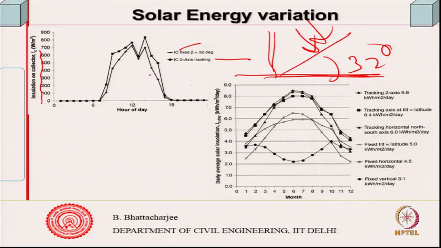Then, if it is fixed, the radiation received is somewhere here during the day, around 8 a.m. to 6 p.m. or something. Now, this is fixed at a given angle, while if I keep changing its angle and track the sun, then I get higher solar radiation.